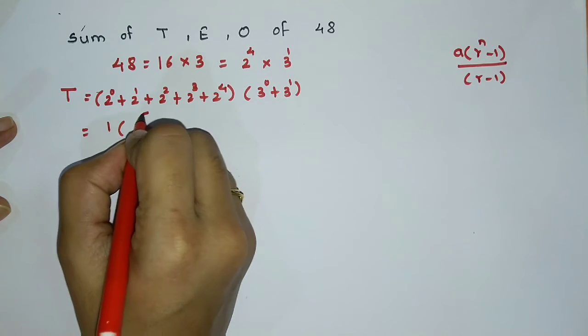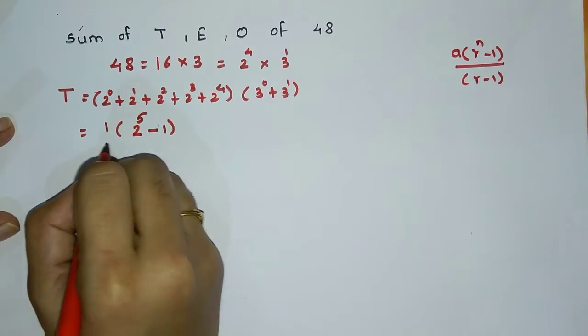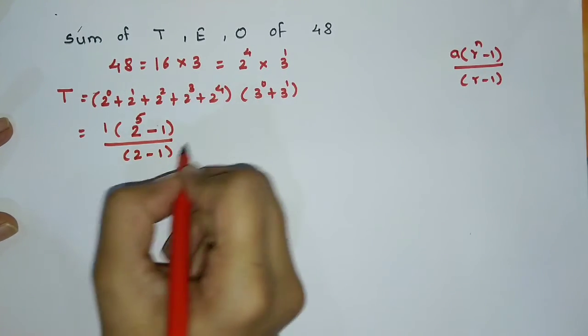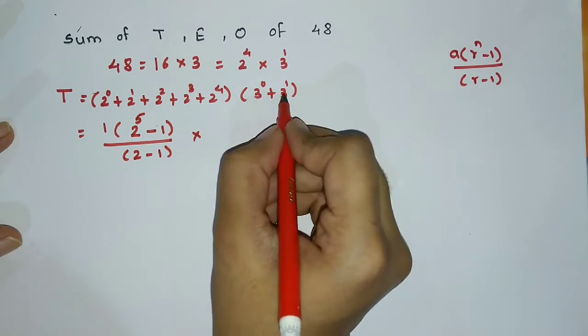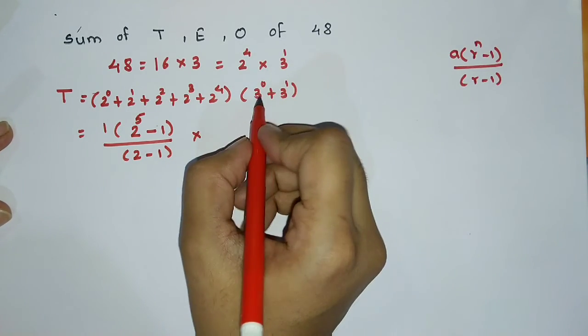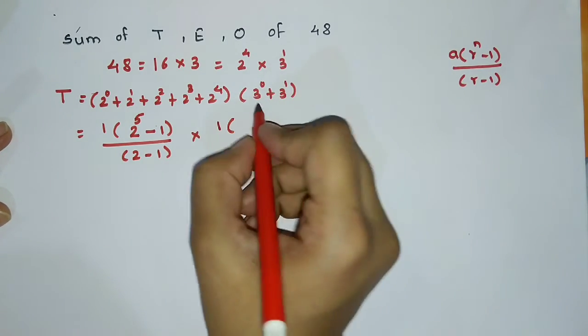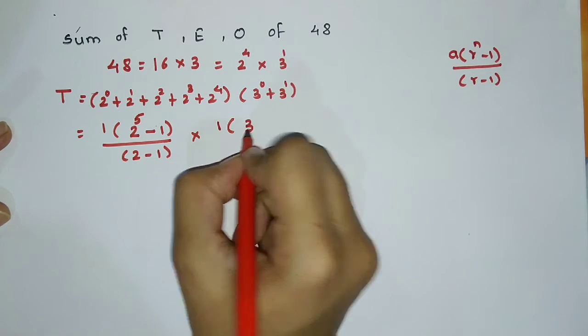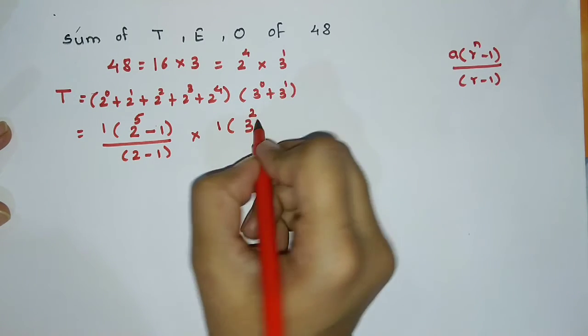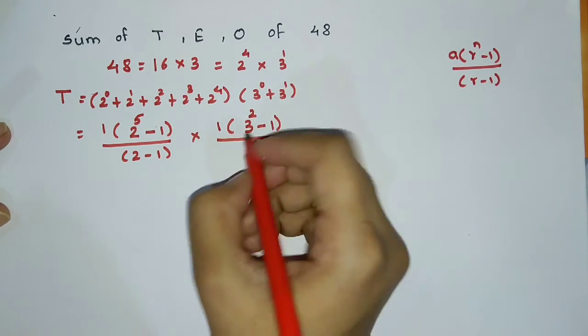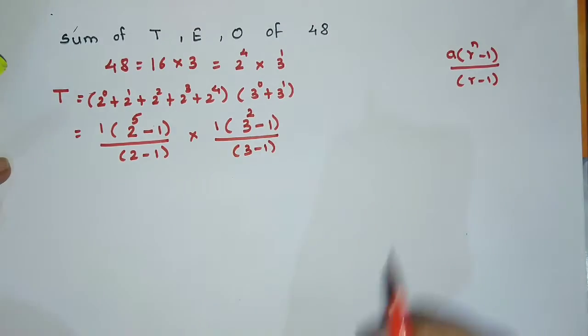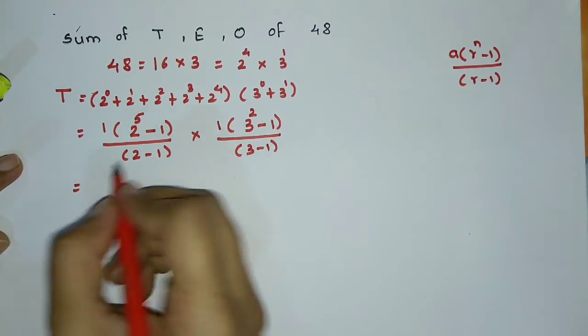4 plus 1, 5. So 2 raised to 5 minus 1 divided by 2 minus 1, into, for this, what is the first term? 3 raised to 0 is 1. What is r? 3. Number of terms, 2. So 3 raised to 2 minus 1 divided by 3 minus 1. So how much is this?